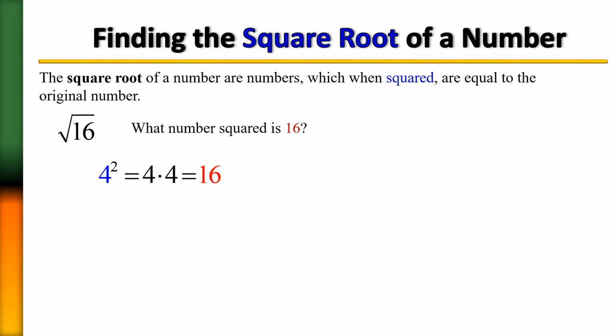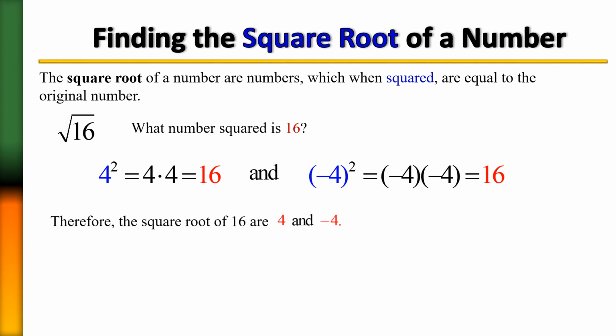Now, positive square roots, perfect square roots, actually have 2 roots, because if you take negative 4 and you square negative 4, you're also going to get 16 as well. So therefore, the square root of 16 is both 4 and negative 4.